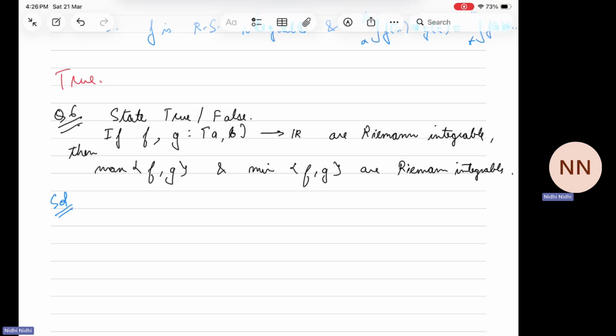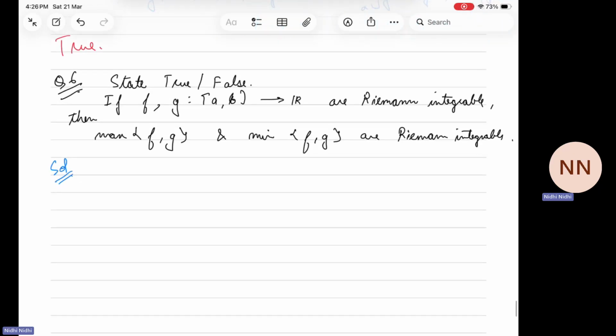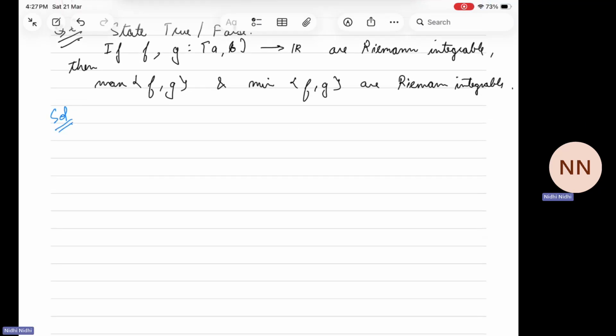So basically, the idea is to use the fact that the maximum of a and b is given by (a plus b plus mod of a minus b) by 2, and hence using the algebra of limits. It's very good that this algebra of limits is used to see the Riemann integrability via the Riemann sum approach. So it's very trivial, so eventually this will be true.